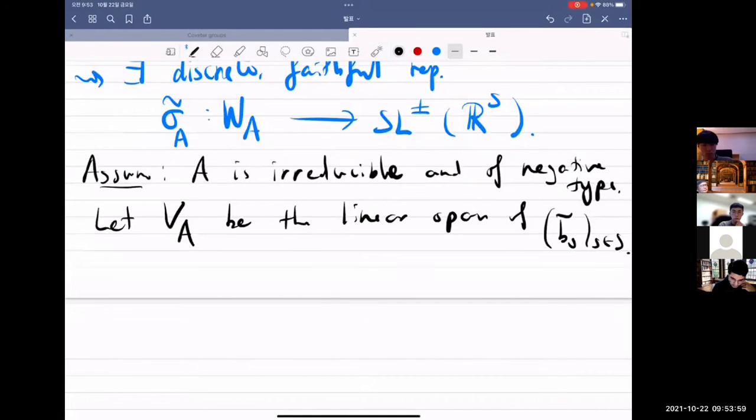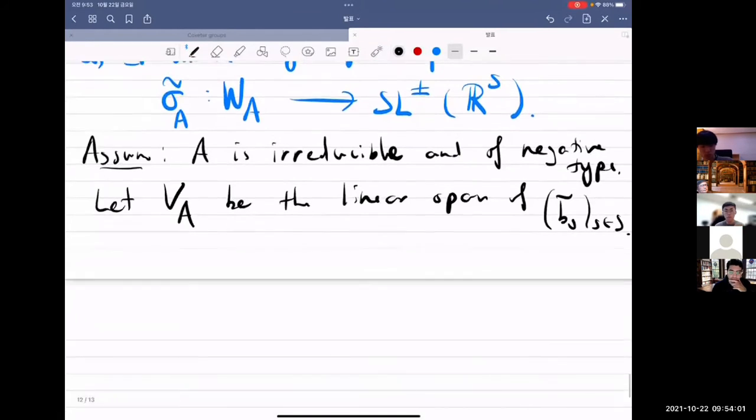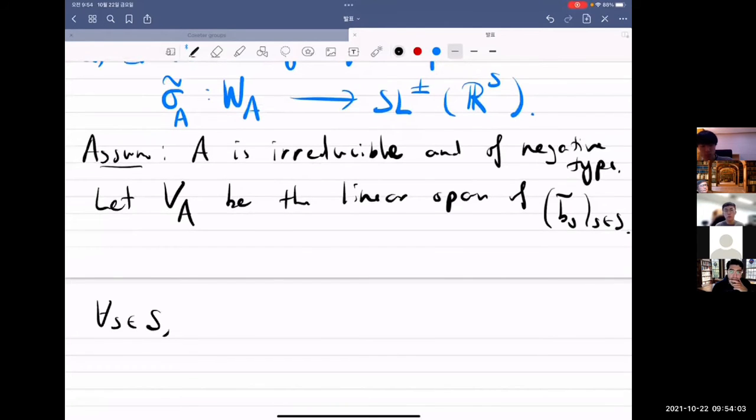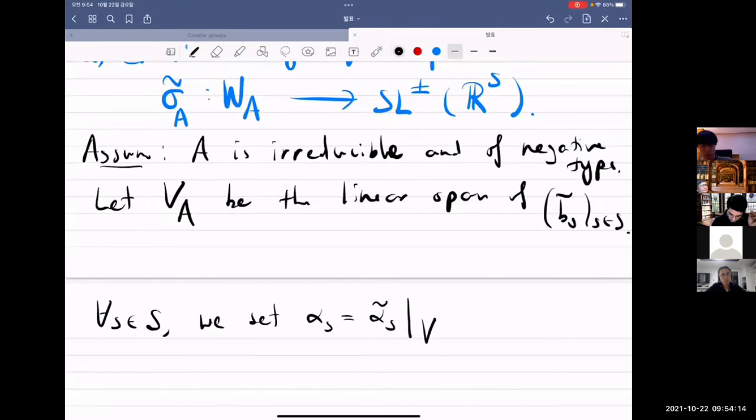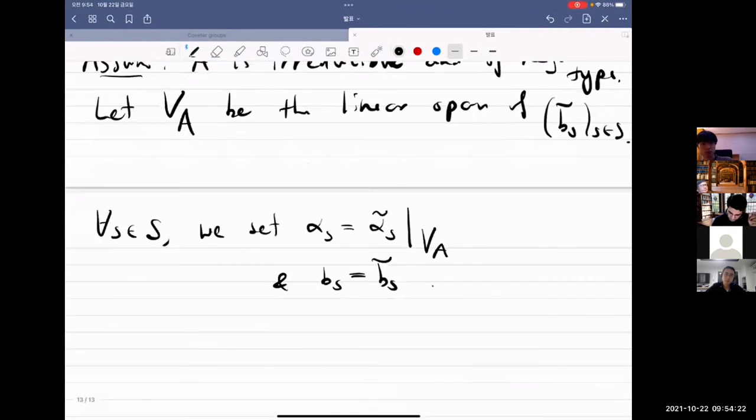So then, of course, we consider the restrictions. We set alpha S as the restriction of alpha S tilde to VA, and VS is the same vector.